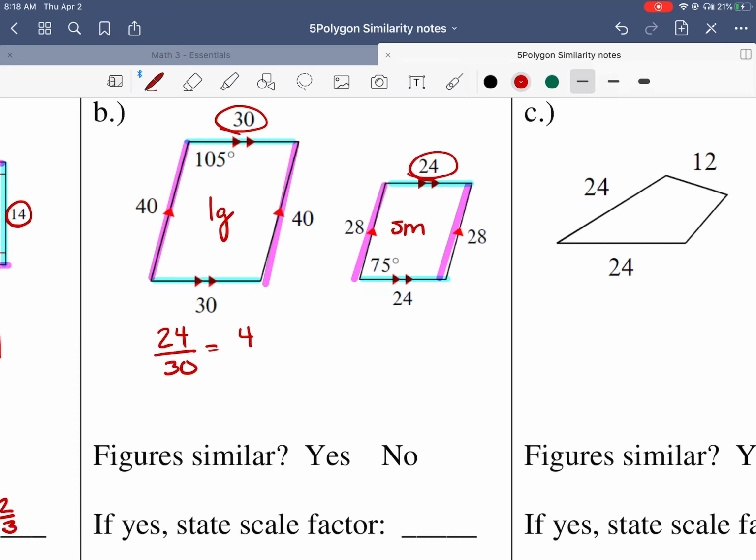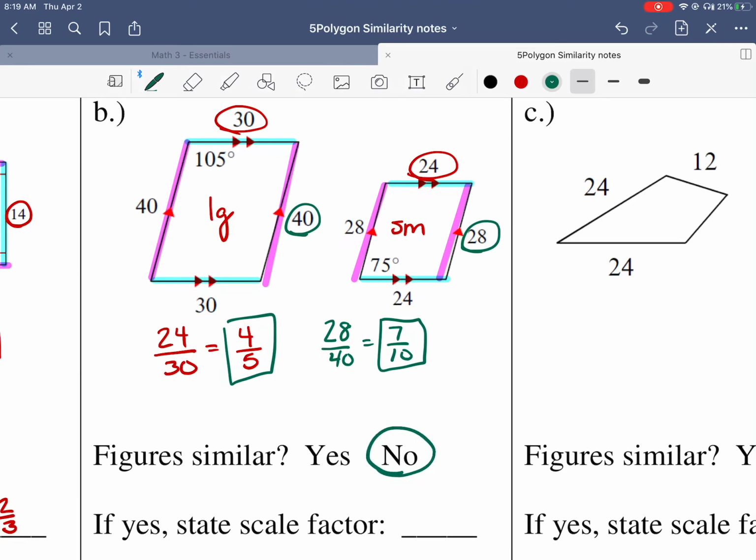If I simplify that, I get 4/5. 28 over 40 simplifies to 7/10. Notice that these two ratios now are not the same. Because they are not the same, they are not similar. Means it was stretched more one way and not the other.